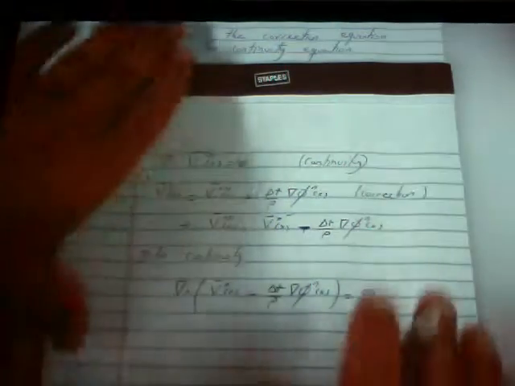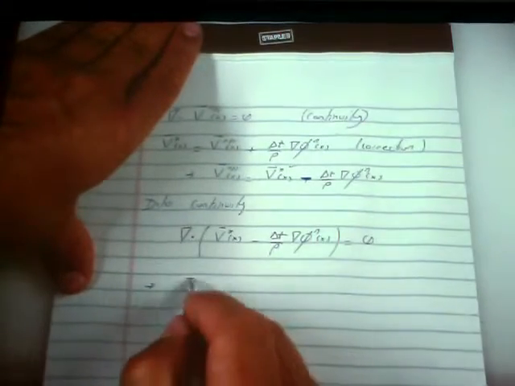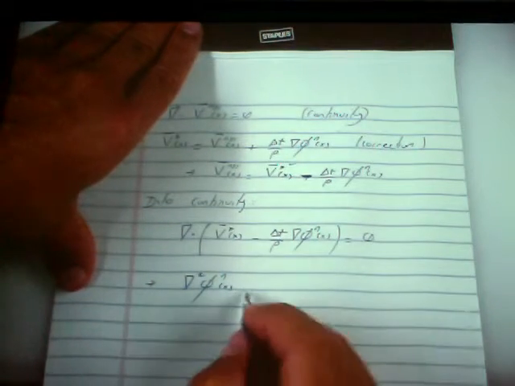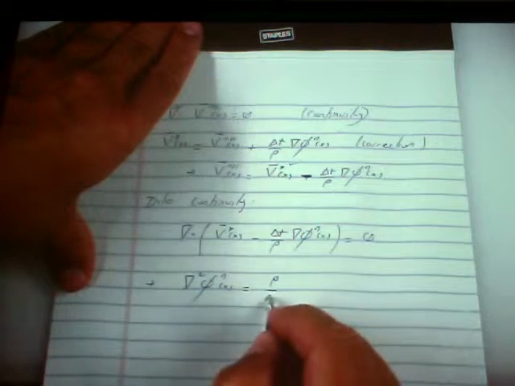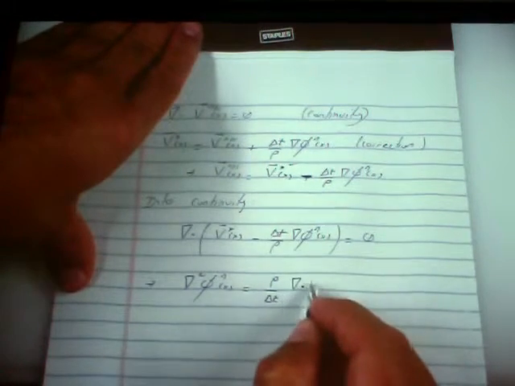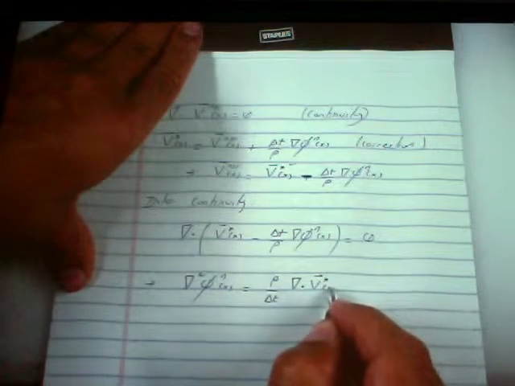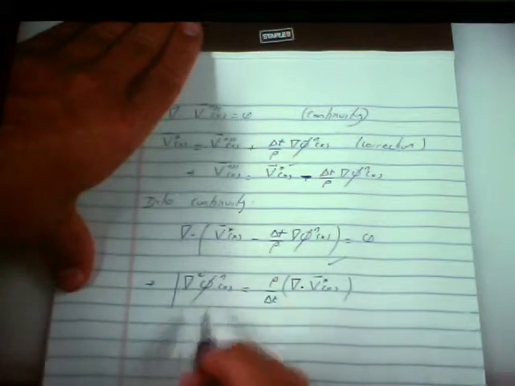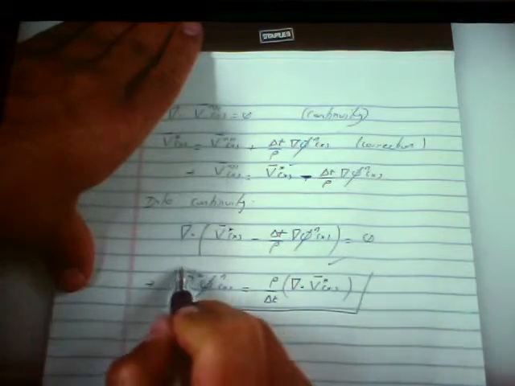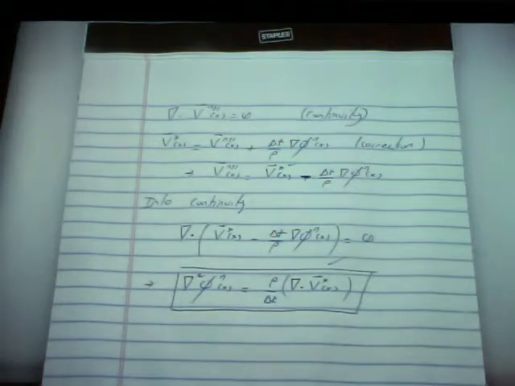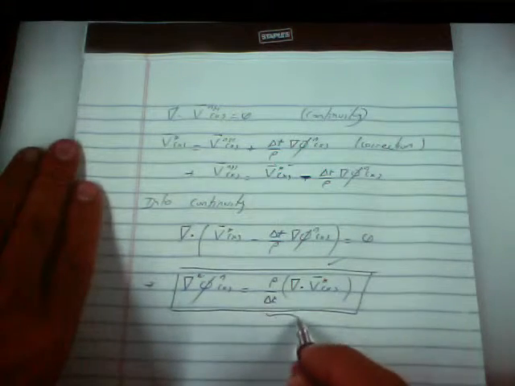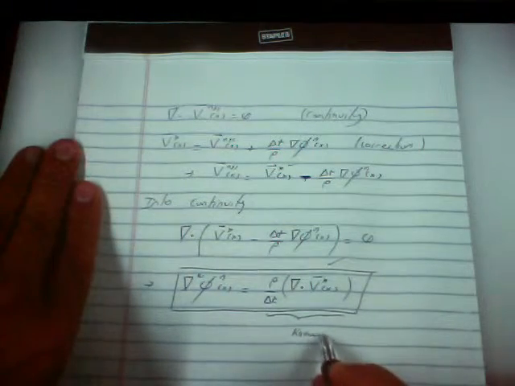So that would lead to the Laplace of phi is equal to rho over delta t, the divergency of V star, which is already known. So the right hand side is completely known. So this is a known right hand side.